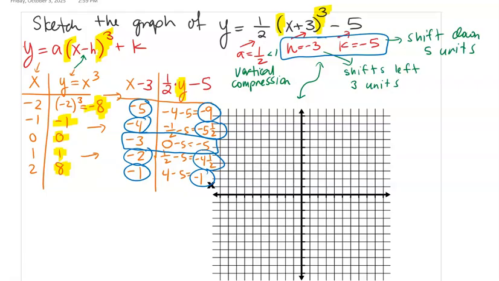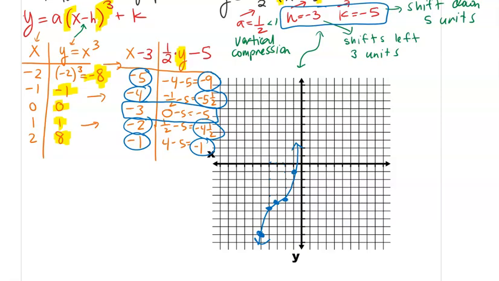Okay, so I'm going to plot the point -5, -9, -4, -5.5, -3, -5, -2, -4.5, and then -1, -1. And so I get that squiggly shape, but the squiggly shape is just somewhat compressed when compared to the parent. It also shifted to the left 3 and down 5.